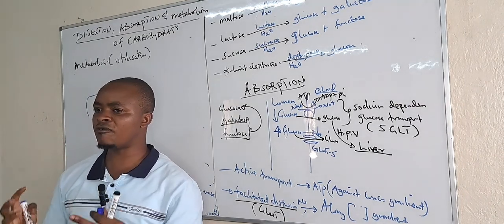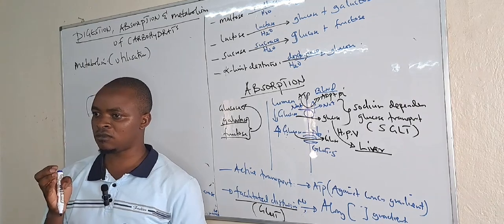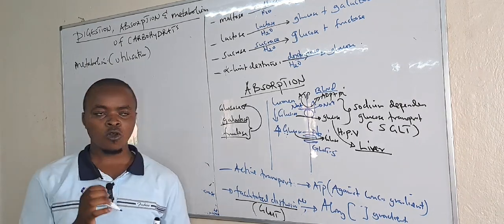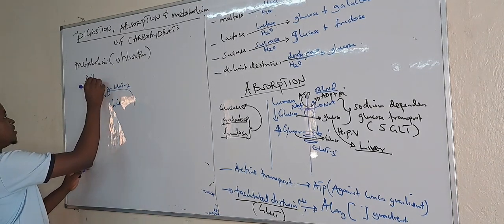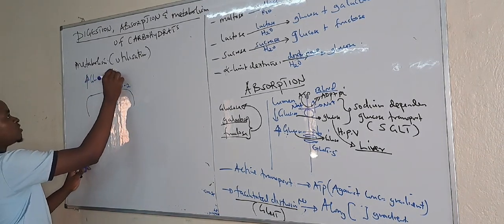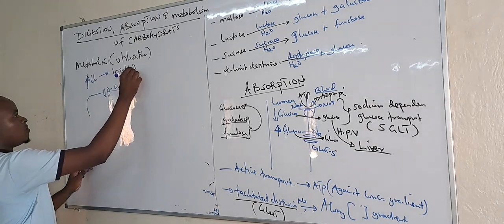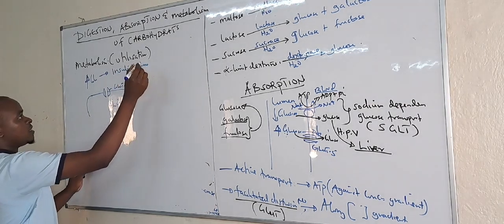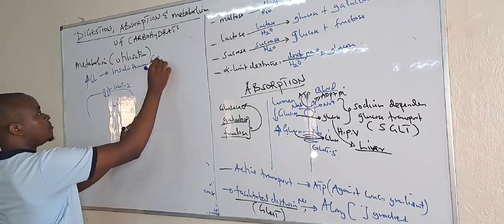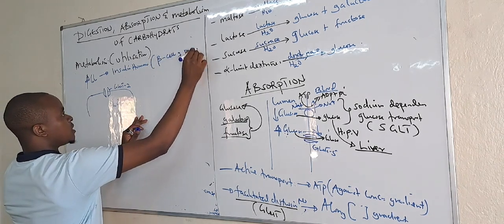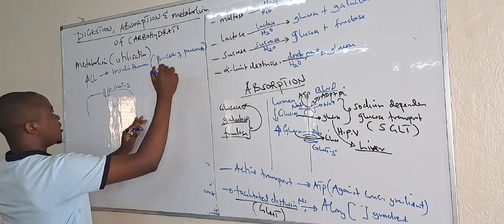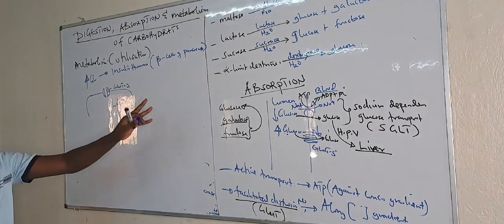We saw the regulatory factor of insulin production is glucose. So once there is an increase in glucose in the blood, it triggers the production of insulin hormone, which is produced by the beta cells of the pancreas, what we call islets of Langerhans.